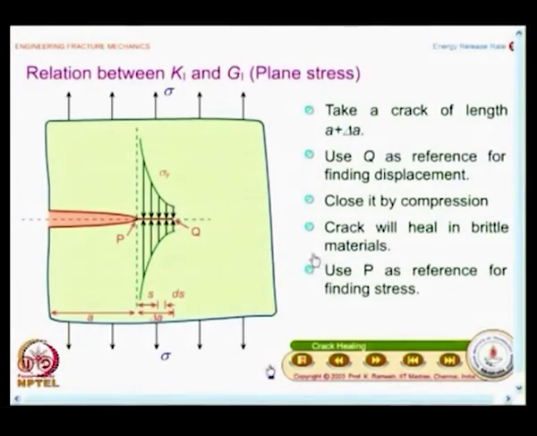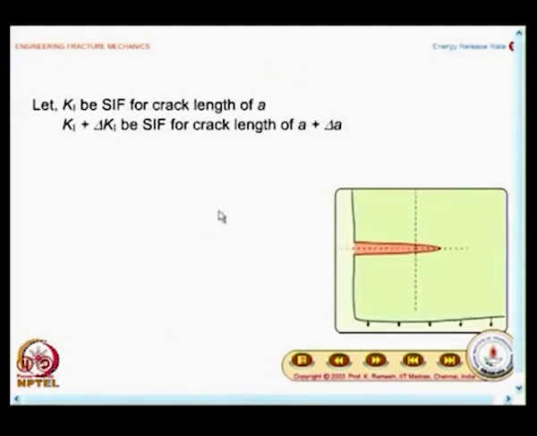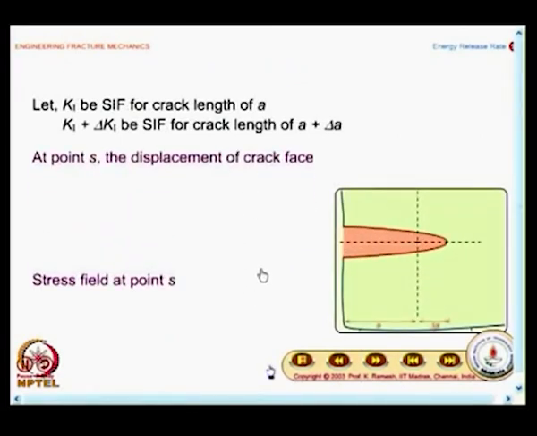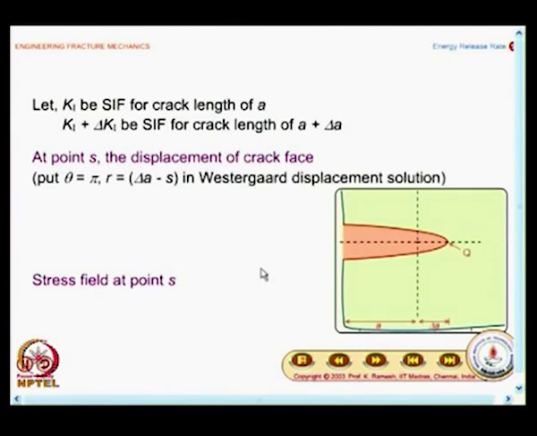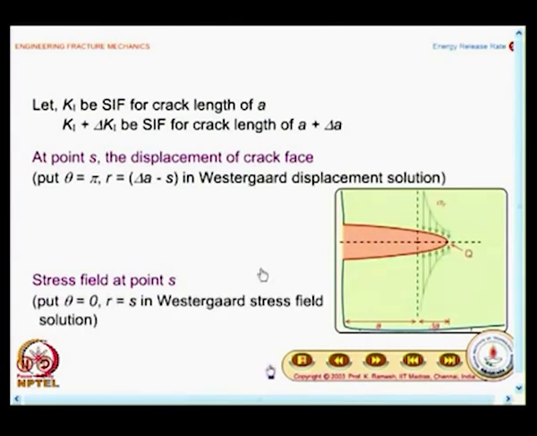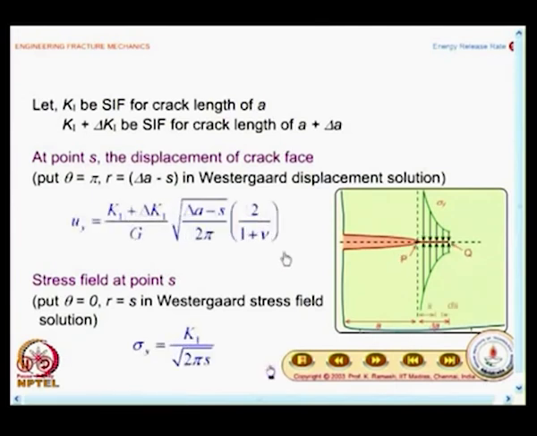Then we looked at the mathematics. In the process, you have been able to utilize the mode 1 displacement field as well as the stress field, appropriately used in writing the energy expression. You have to be careful in specifying the value of theta.